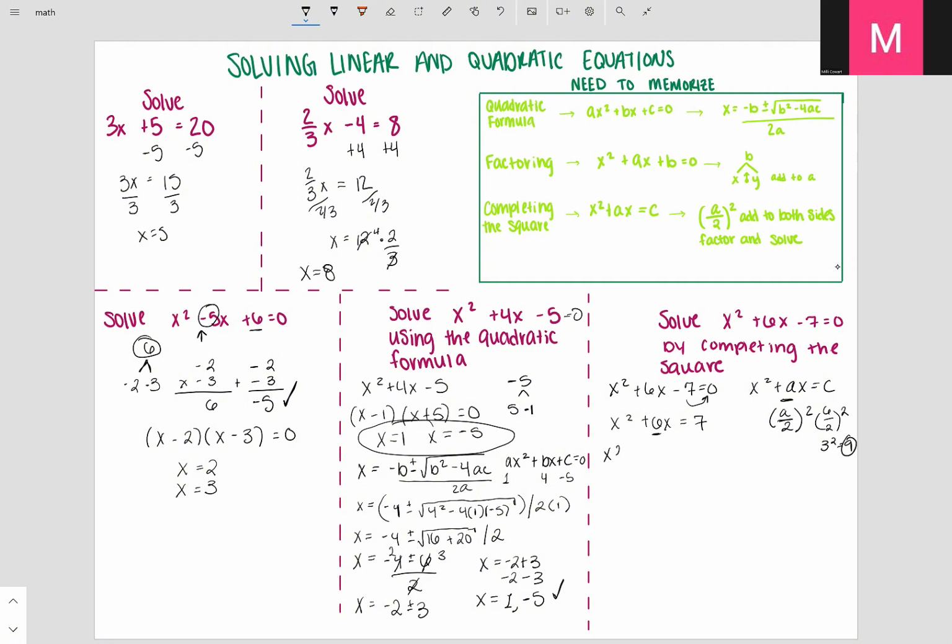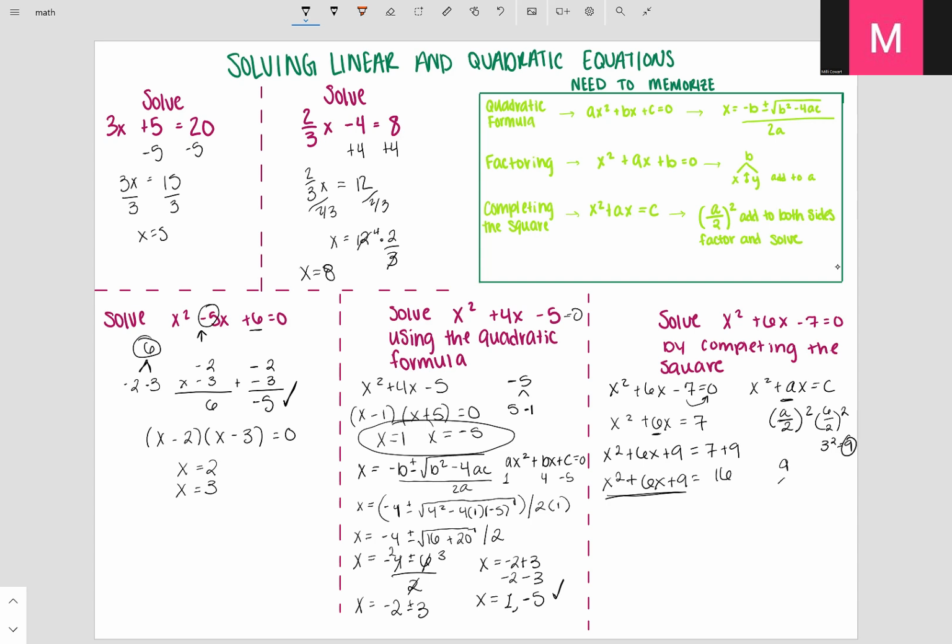So we'll say x squared plus 6x plus 9 equals 7 plus 9, which is 16. So we have x squared plus 6x plus 9 equals 16. And we can factor this side of the equation.